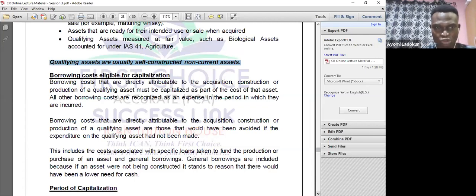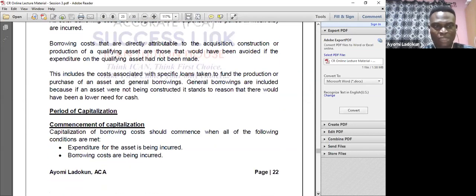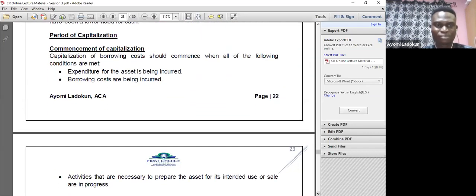That's what we want to do now. Borrowing cost eligible for capitalization. Now, you have to listen. Most textbooks will tell you commencement of capitalization, and they will tell you cessation of capitalization. So what they have done is they have married cessation of capitalization with suspension.